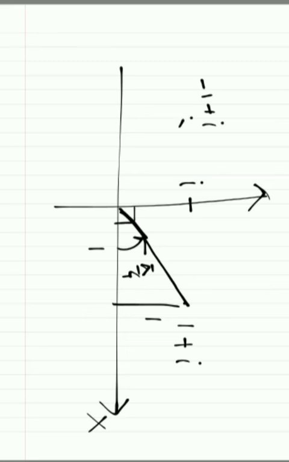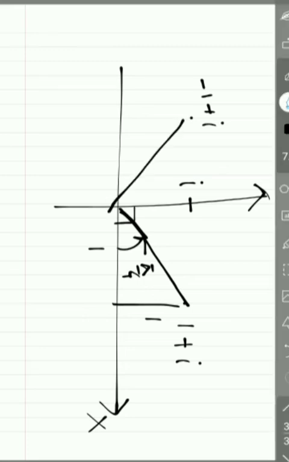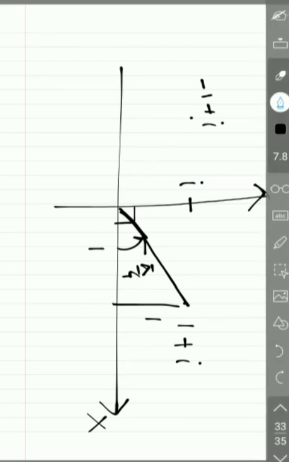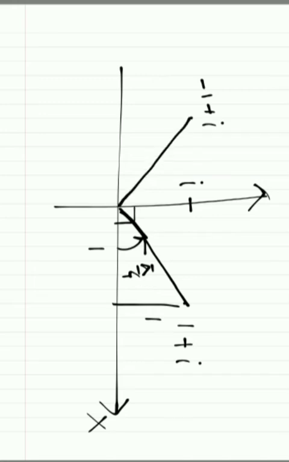So the argument will be drawn like this. Now you see, after pi by 4, if you rotate 90 degrees, you will come to this number. So basically this clears up the thing that in complex multiplication, we are basically adding the arguments.